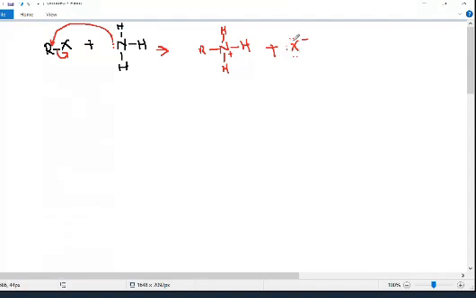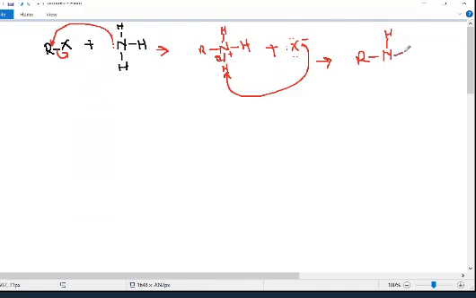So for us to be able to balance, we have already substituted one hydrogen, and we end up getting two hydrogens remaining.